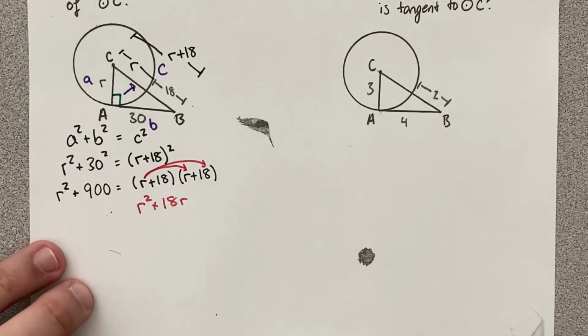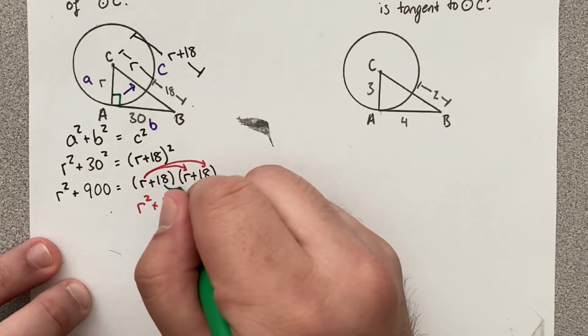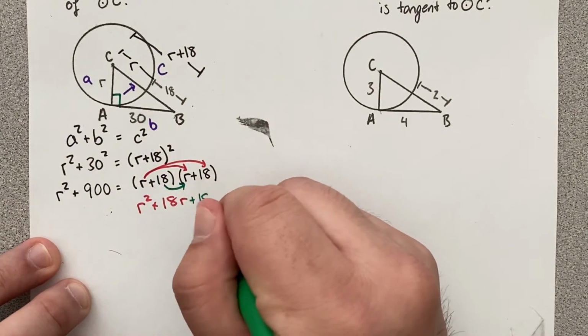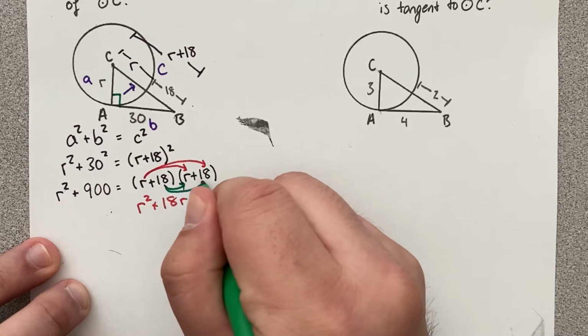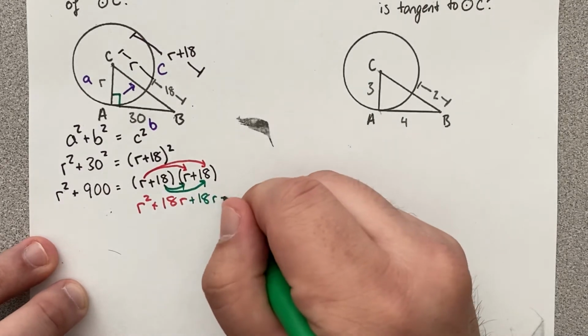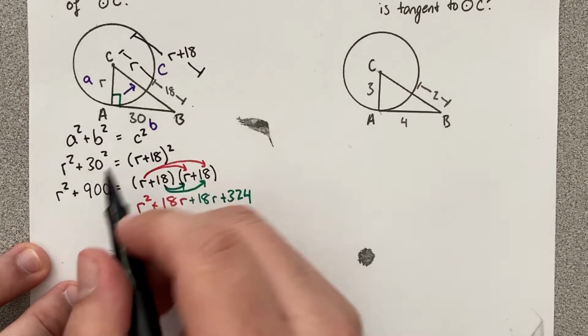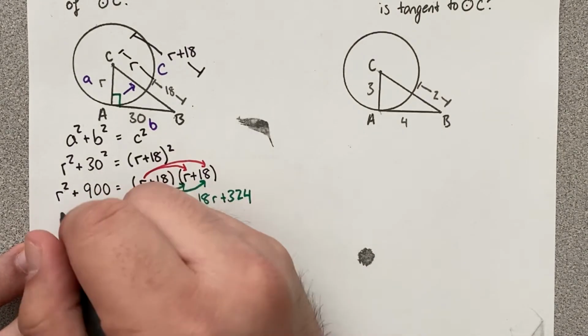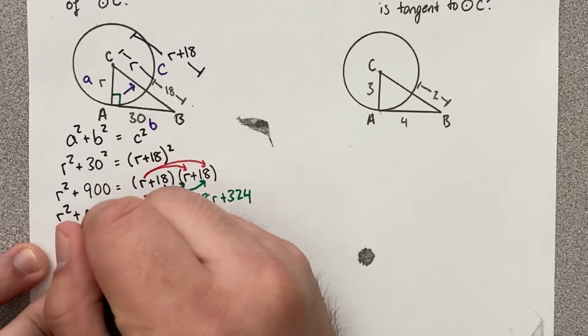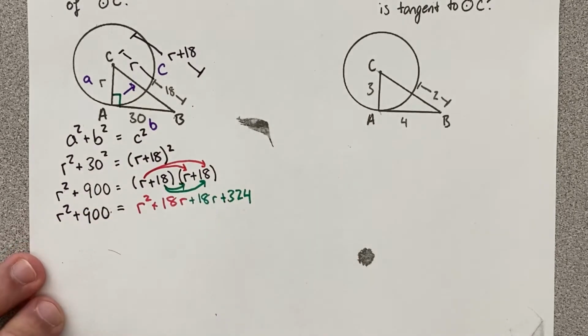Then I need to multiply the second term, which is 18 times r, which is 18r, and 18 times 18, which is 324. Notice that I have not done anything to the left side of my equation, so it's still going to just stay r squared plus 900.